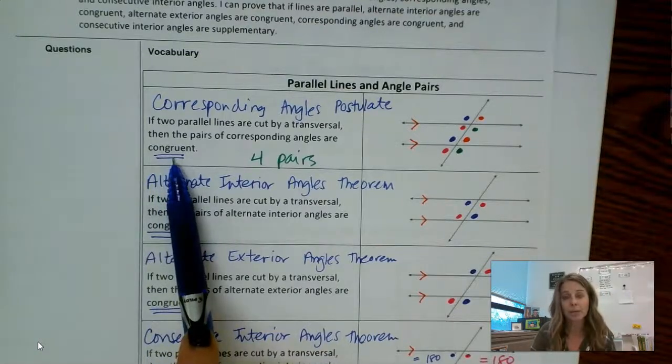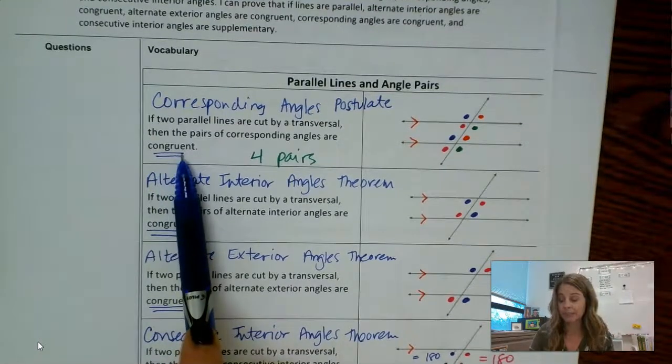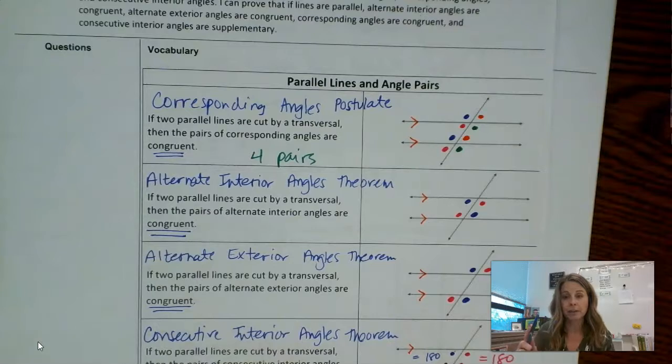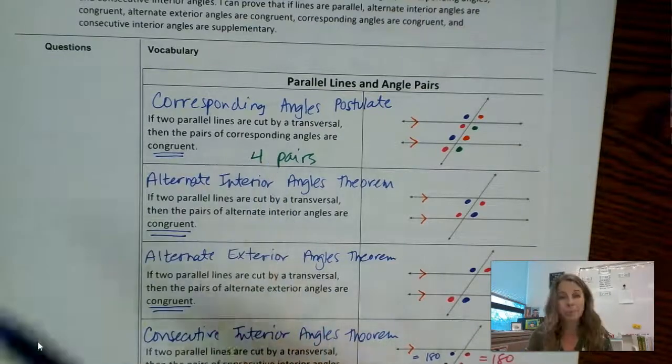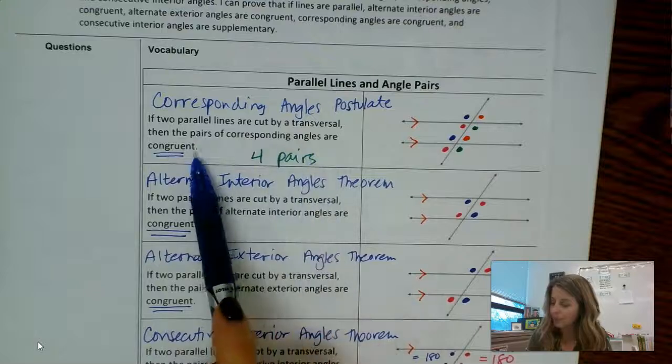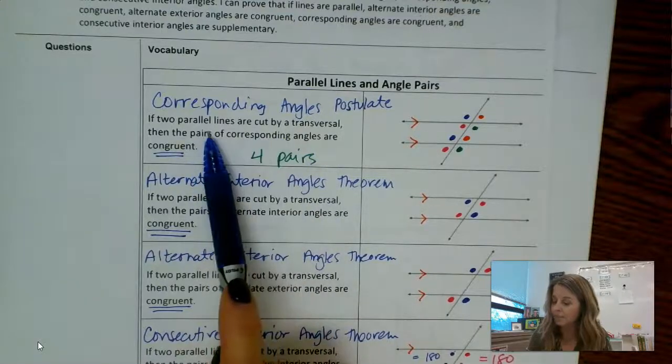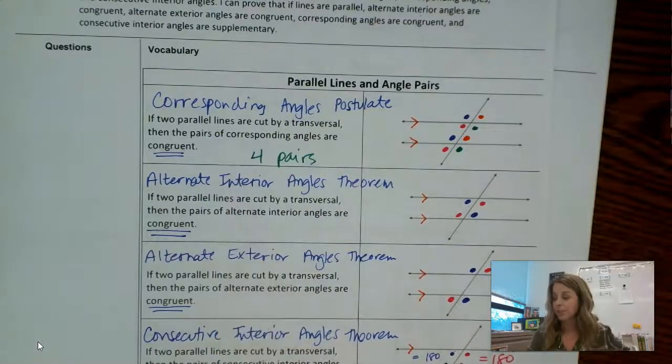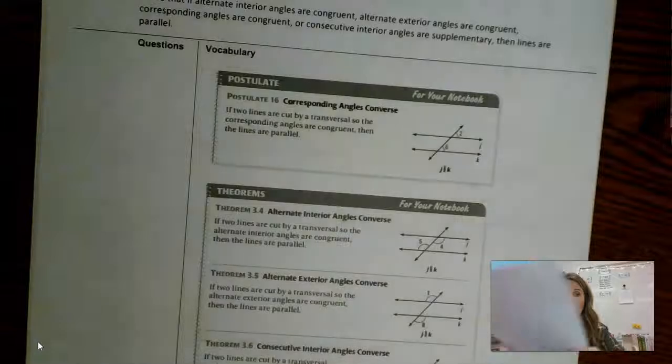If I were to write the converse of this statement, I would switch around the hypothesis and conclusion. So it would read something like this: if pairs of corresponding angles are congruent, then the two lines are parallel. So that's what we're looking at today.